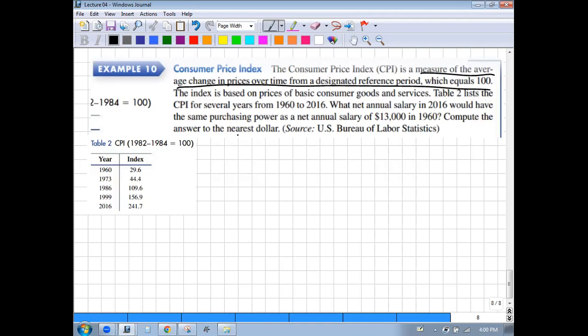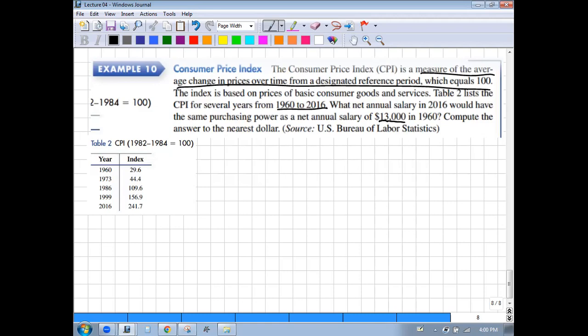All right, if we read the rest of the problem. Oh, here we go. The index is based on prices. Okay, we read that. Table 2 gives us CPI for several years. What net annual salary in 2016 would have the same purchasing power as a net annual salary of 13,000 in 1960?